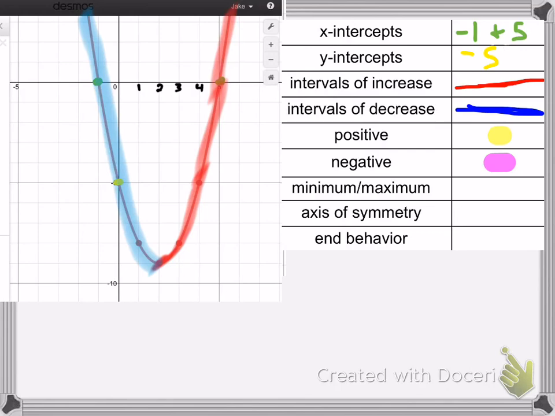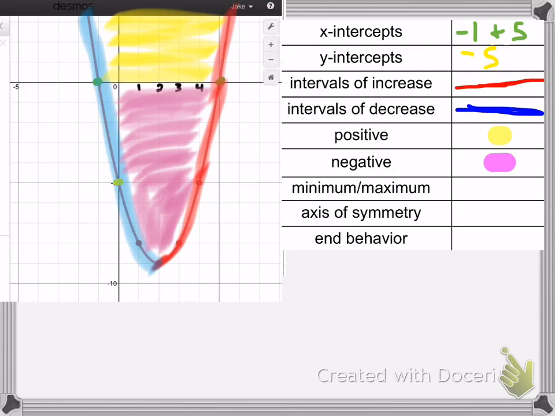Now our positive is all the parts of our graph that's above the x-axis. And then my negative is everything that is going to be below the x-axis. Now, for max and min, all you have to do is look at the vertex.